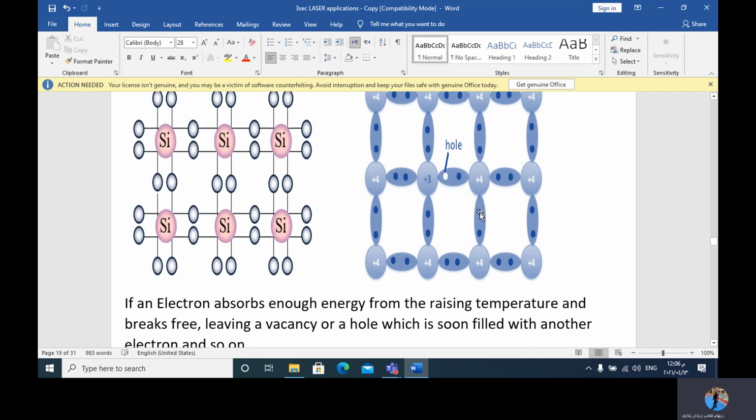So suppose an electron from here breaks free from the covalent bond and comes to occupy this hole, leaving this place empty. And this place will have a hole, and this hole will maybe attract another electron to jump and replace it, and so on. So what's happening is this hole is going to jump from one place to another across the crystal.